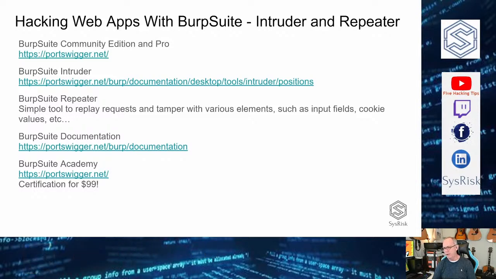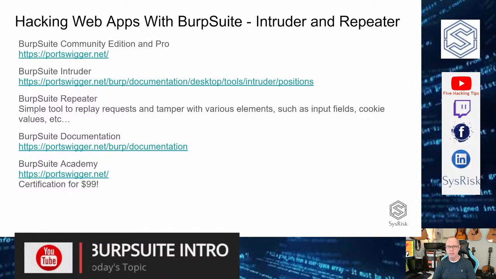I think the decoder is available in Community Edition as well. But there are many other things. And is Pro worth it? Well, as of this recording, I think it's $399 US. I renew every year. I've had it for three and a half, four years now, and the advanced features have come in handy.